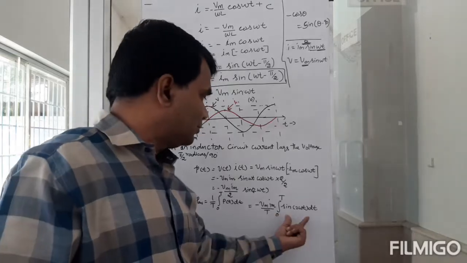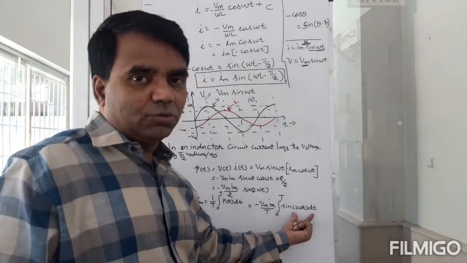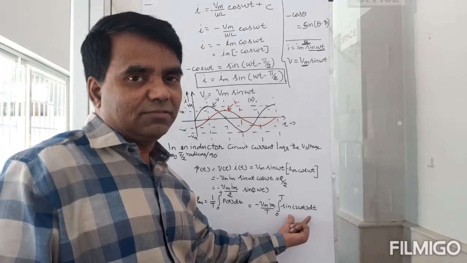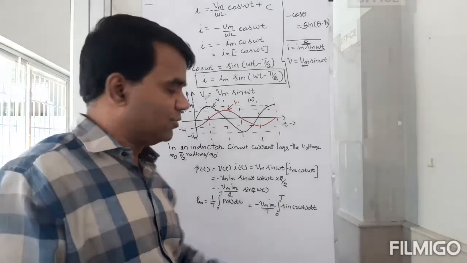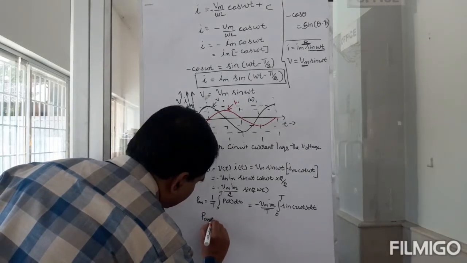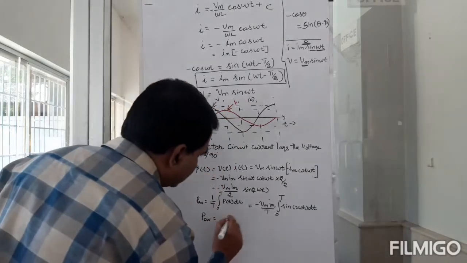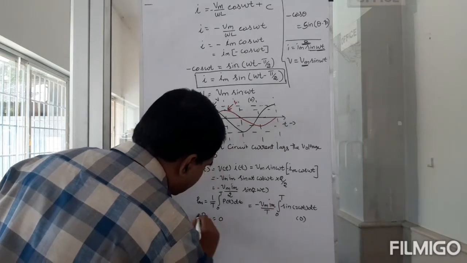But what do we know? This integration will give you 0 as the value. We know that the average value of the sine function will be 0. So because this is 0, the average power of an inductive circuit is 0.